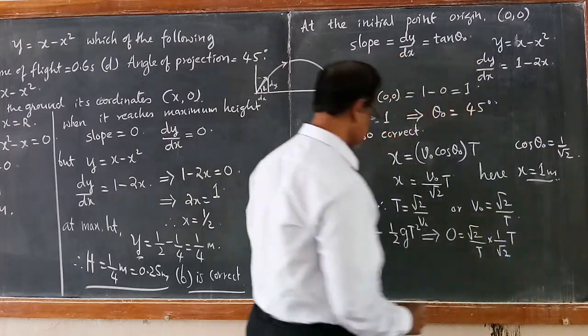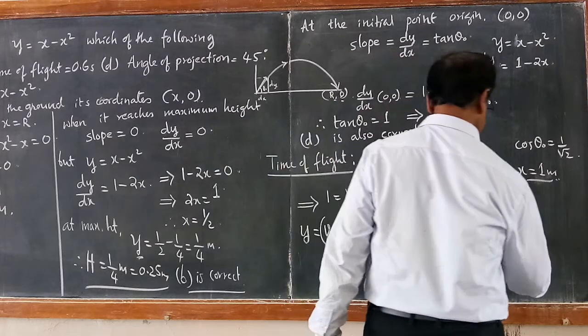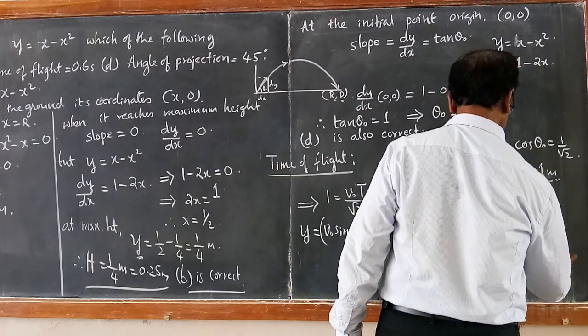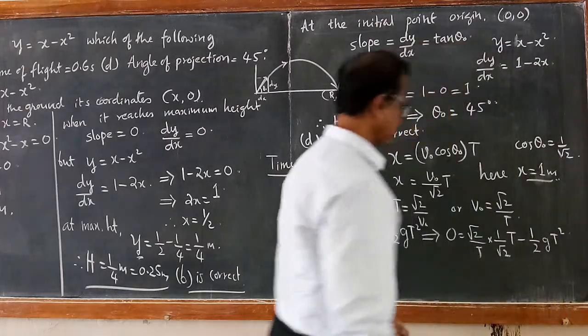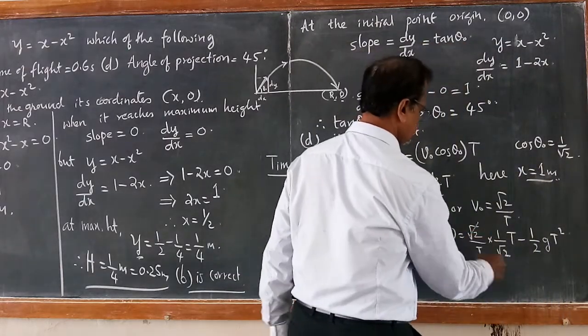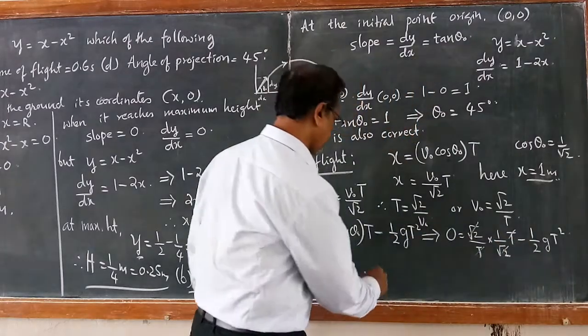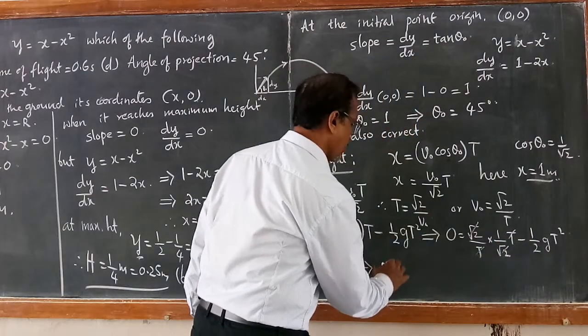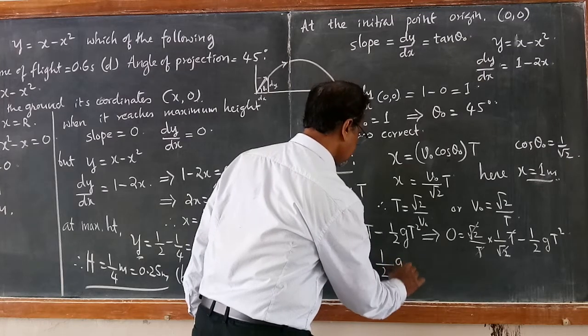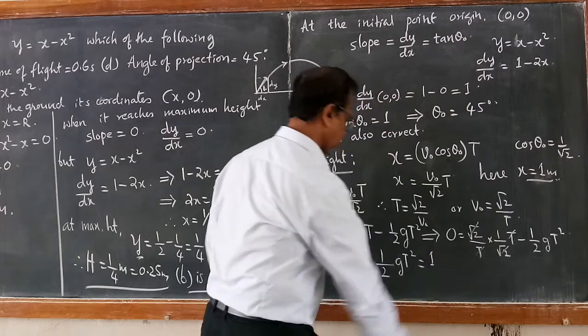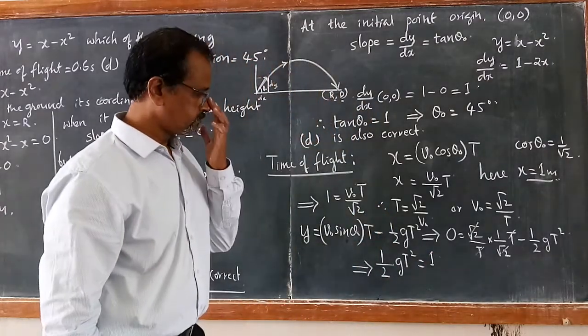So that t cancels, minus half g t square. Now root 2 cancels, t cancels, so you are left here with 1. Therefore this implies half g t square is equal to 1.